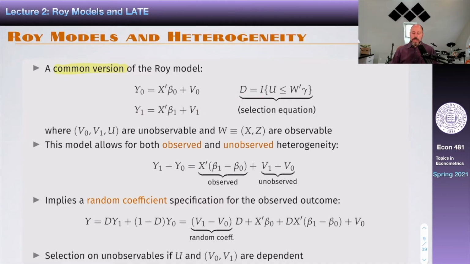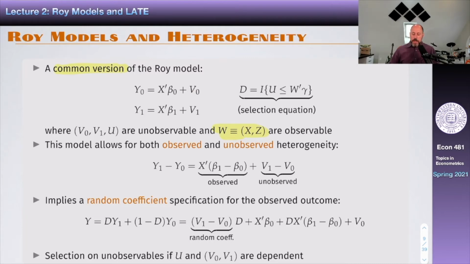Okay, which takes the form of the Roy model, except that now this function u here is specifically modeled as a linear index. Notice that W is just both x and z. And then u, b0, and b1 are unobserved random variables.